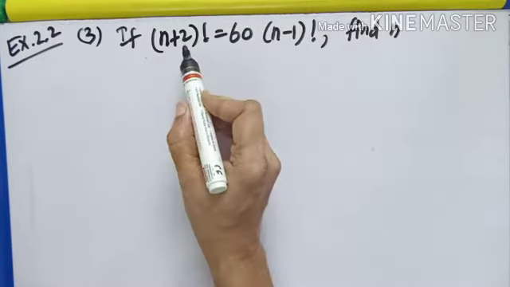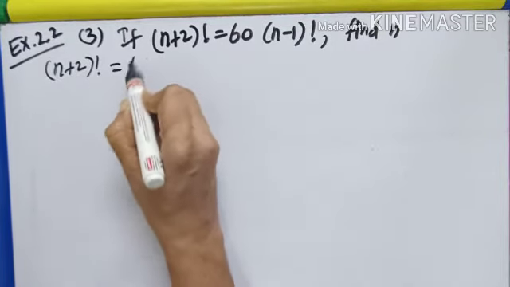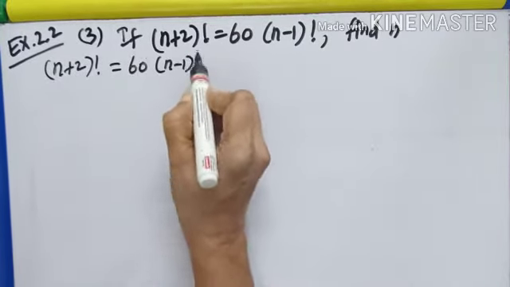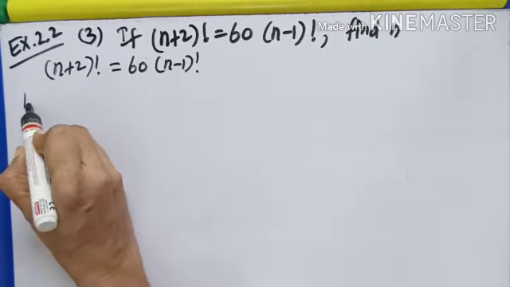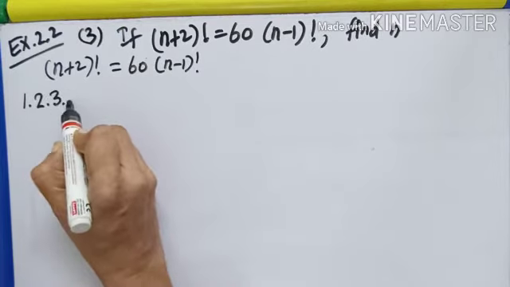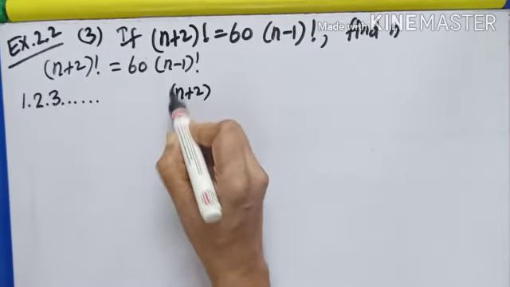Question number 3. n plus 2 factorial equals 60 into n minus 1 factorial. What does factorial mean? Start multiplying from 1 up to that number. So what is that number? n plus 2.